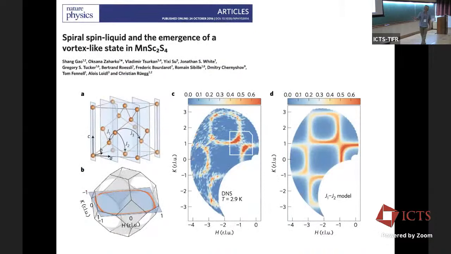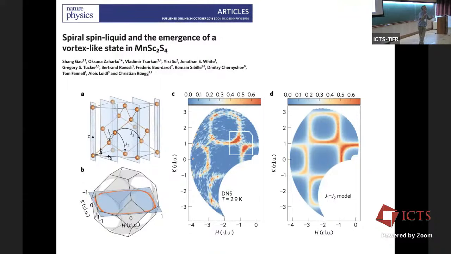Manganese scandium sulfide, MnSc2S4. This is an example. This is a spinel material. The magnetic atoms are the scandium atoms, and they make a diamond lattice. This is the diamond lattice here, and the J1 and J2 interactions are represented here. And when they look at some finite temperature neutron scattering, again, they show a very clear signature of these two-dimensional surfaces in the Brillouin zone.